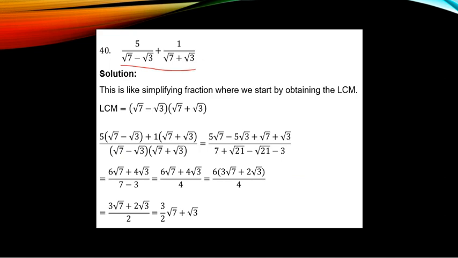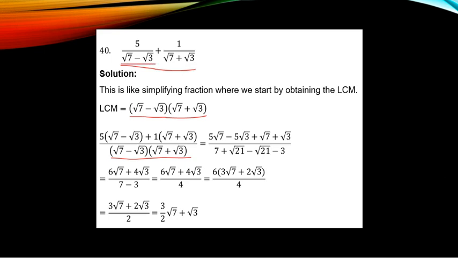So this is like simplifying fractions where we start by obtaining the LCM, and the LCM of root 7 minus root 3 and root 7 plus root 3 is the product of the two denominators. So you write down the LCM, and you know the rule. You divide the LCM by the first denominator.